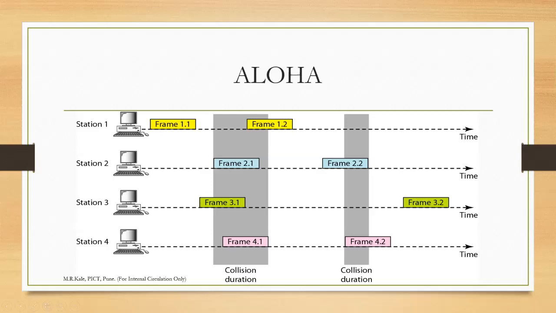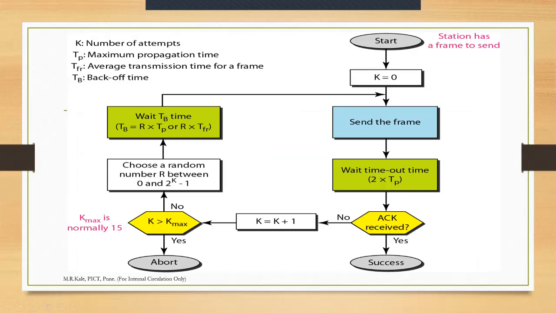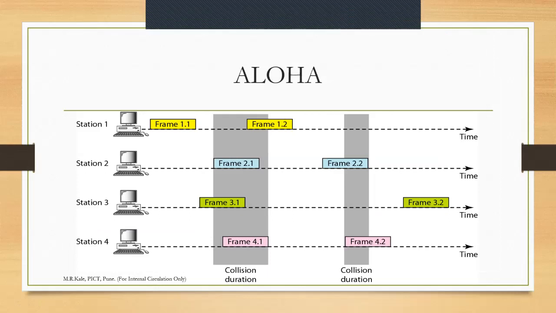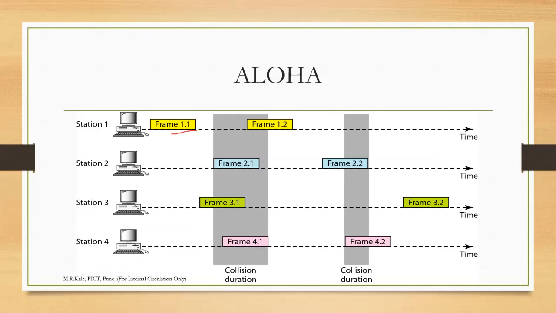You can see in the diagram that station 1 is sending a few frames, frame 1.1 and frame 1.2. Station 2 is sending 2.1 and 2.2, and these are sent at random times.